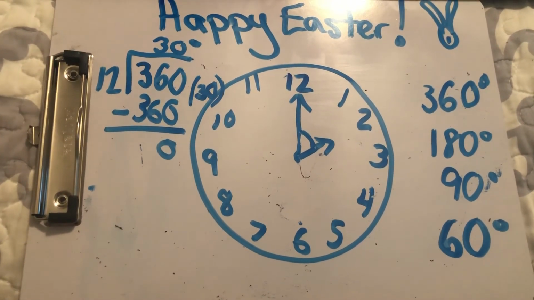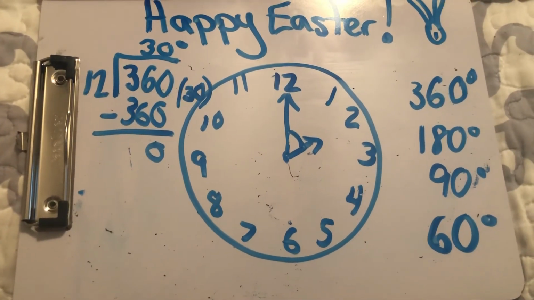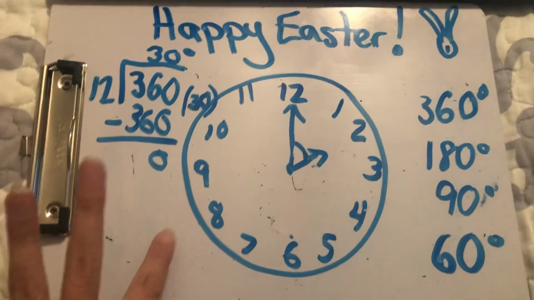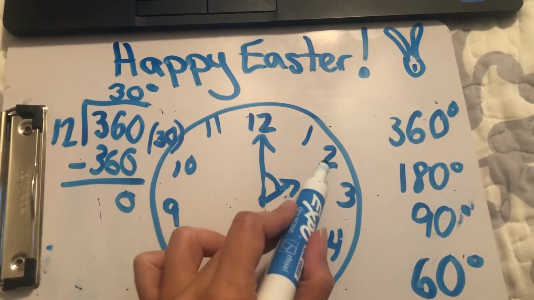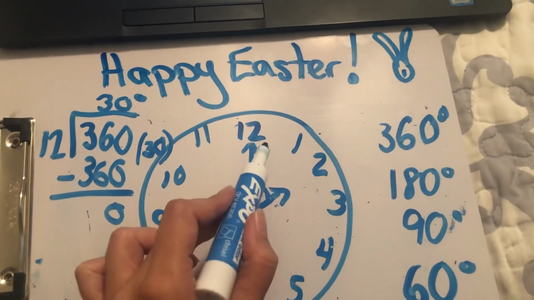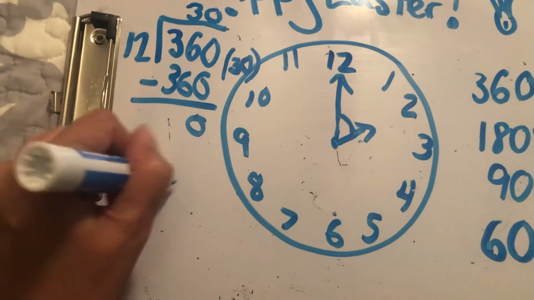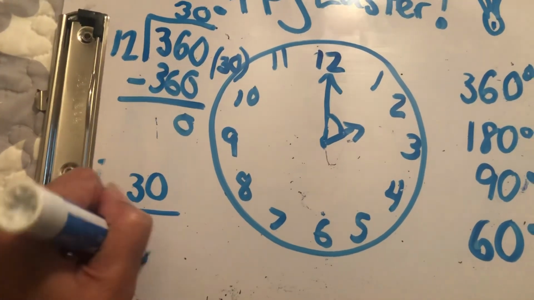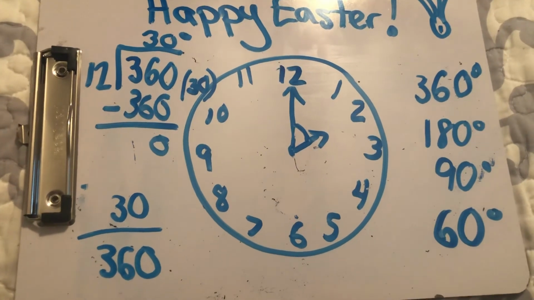They're, like I said, also going to be talking about relating some of these degrees to fractions. So, for example, we have 30 degrees here. If we wanted to say what fraction of the circle this is, or what fraction of the clock, we could just simply take 30 and put it over 360. It would be 30 360ths.